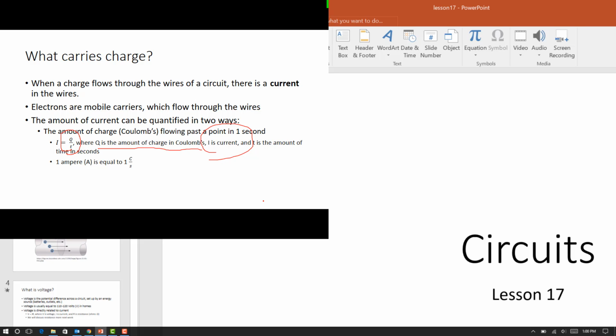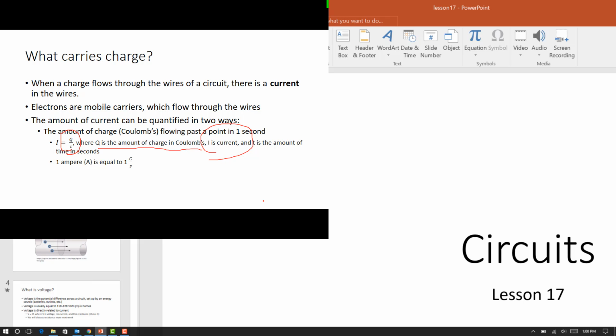So again, 1 amp is 1 coulomb per second.